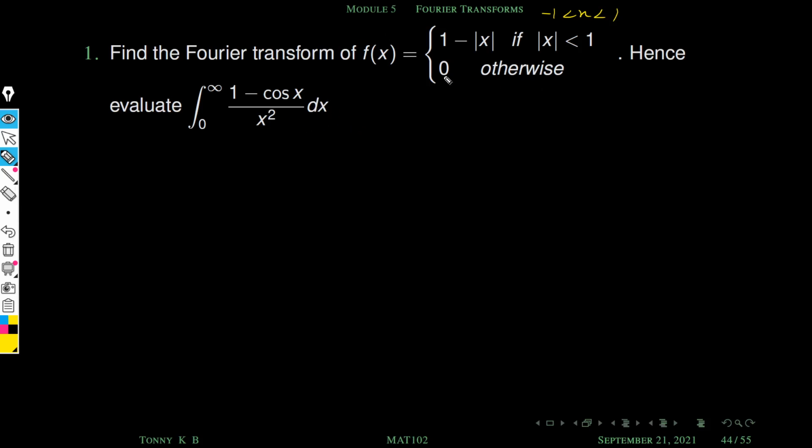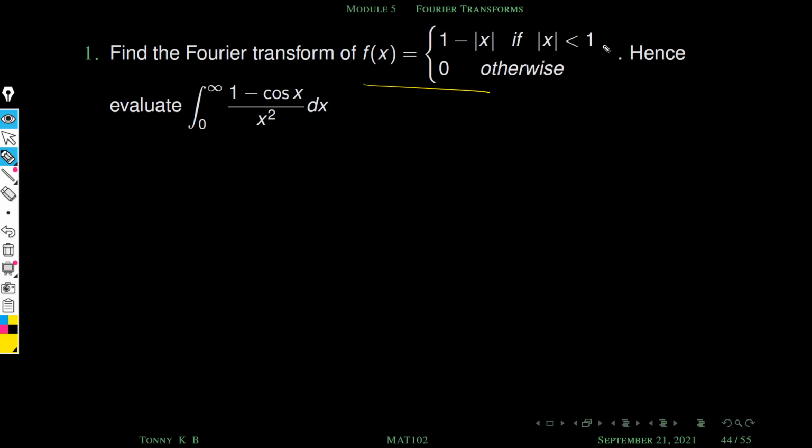So first we have to find the Fourier transform of this function. What is the definition of Fourier transform? Either you can apply the direct Fourier transform formula, or another interesting thing is that this function is even, because if you replace x by minus x, there is no change.